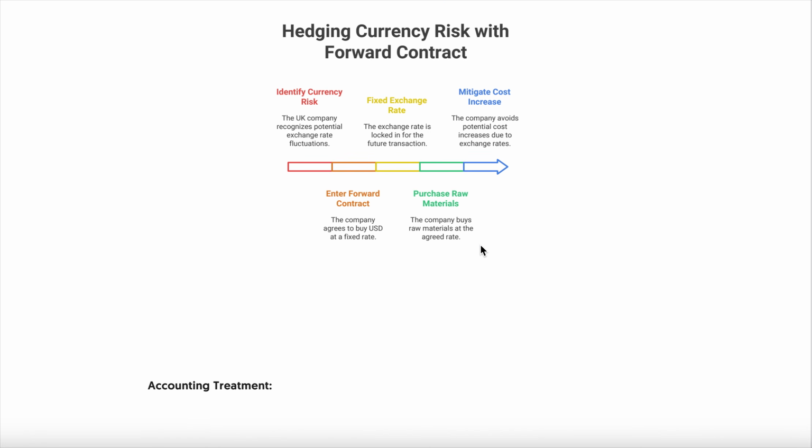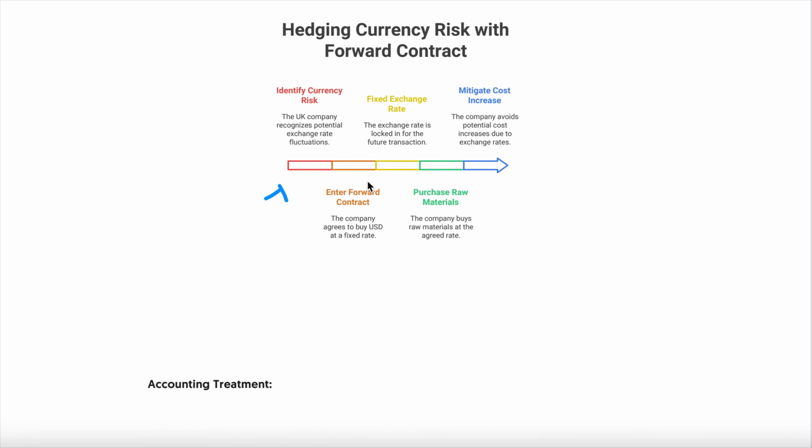Now, as you can see, there's a timeline from here to here. The first thing is you have identified the currency risk. So the company recognizes the potential exchange rate fluctuations. Then they get into a derivative. In this case, they have selected a forward contract. They fix the exchange rate.